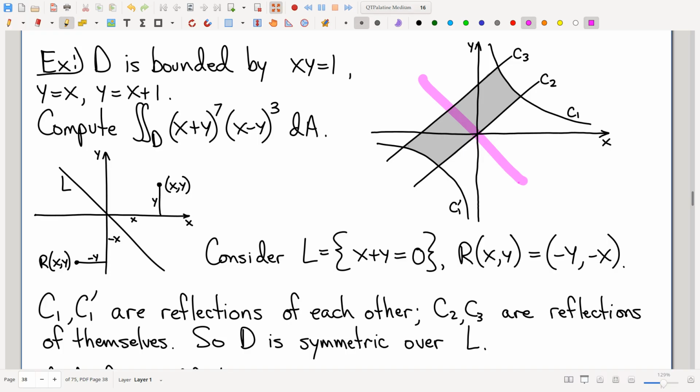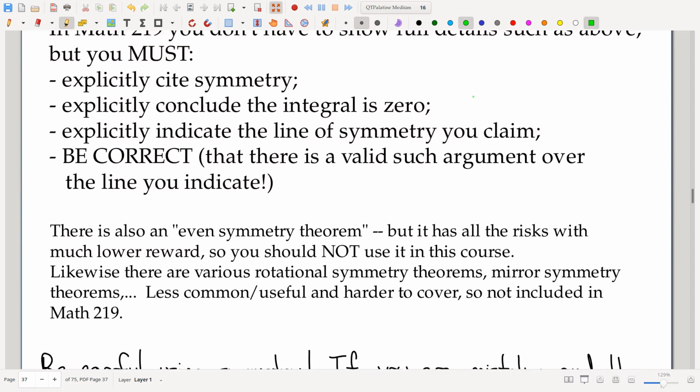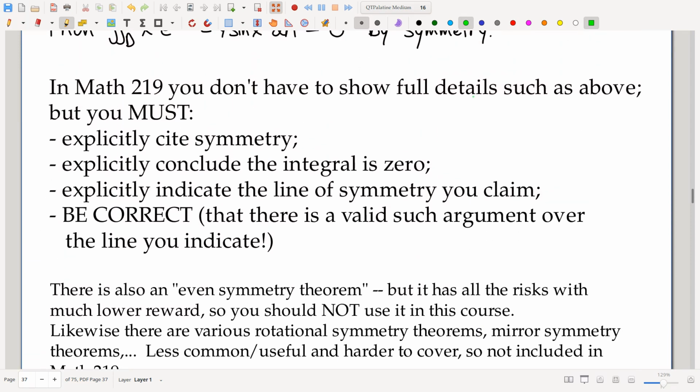And now let's ask, how would I find the reflection formula? By the way, why do I need the reflection formula? It's not on this list of requirements. You're not required to give me the reflection formula. But you are only going to get credit if there actually is a valid symmetry argument.